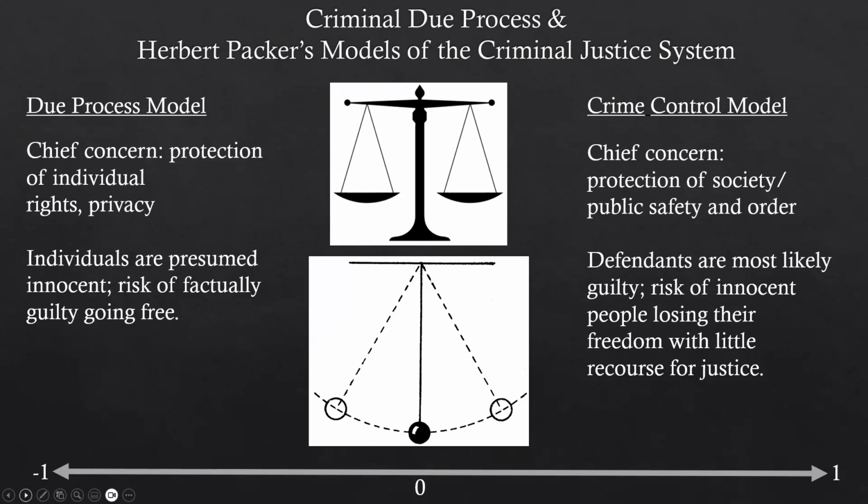So some of the laws that you'll see are all about giving due process protections to individuals. And then some of the laws you're going to see are about giving discretion to prosecutors and police, letting them rely on their judgment and experience in order to provide public safety.